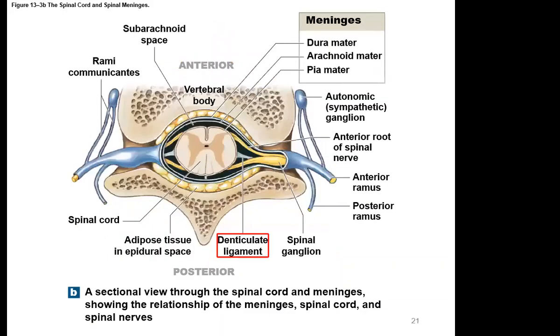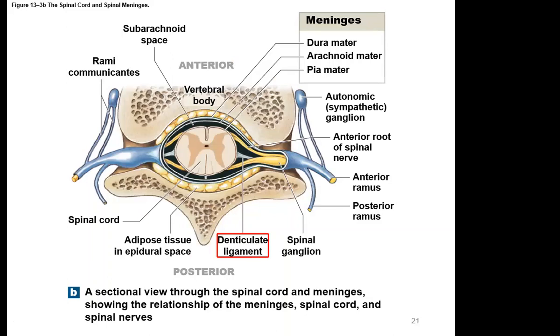All right, and this is just a different view, but let me quickly tell you why I highlighted this in red. This is very hard to see on the model in lab, so you really have to look for it. It is going to be on the spinal cord model that has the bone around it. But this denticulate ligament, make a little note to yourself, is there to help provide stabilization in a medial to lateral direction.